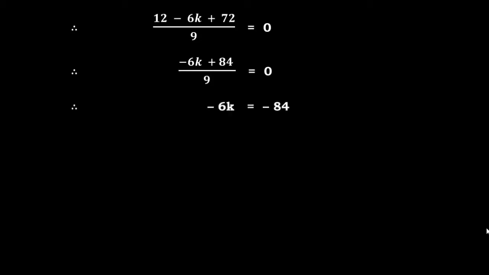Plus 84 will become minus 84. So k equals 84 upon 6, that is k equals 14. See, the root of the equation is given, that means that value satisfies the given equation. So we have the answer, value of k is 14.